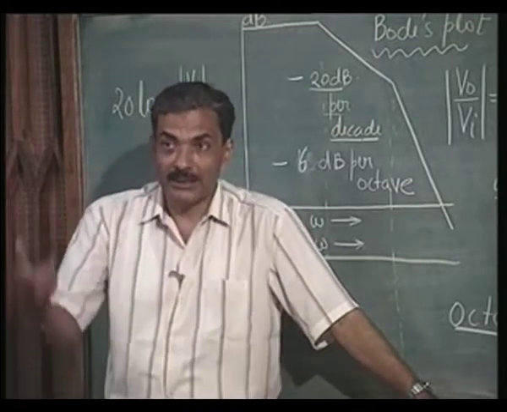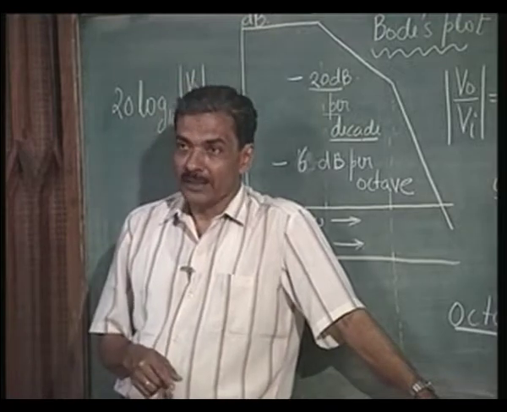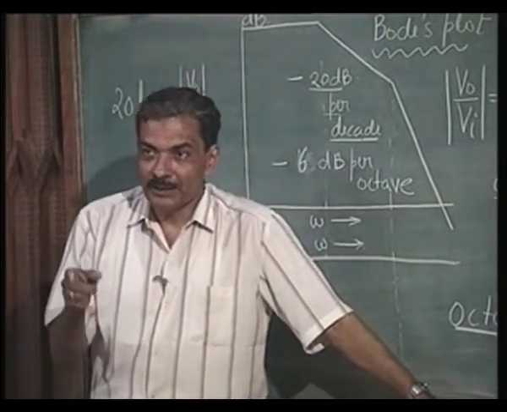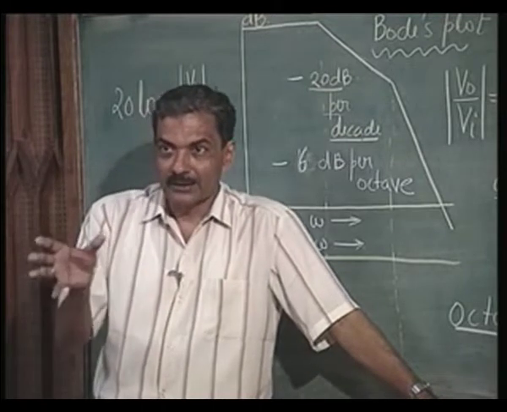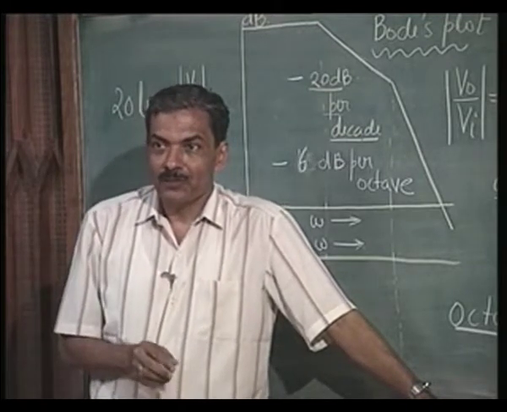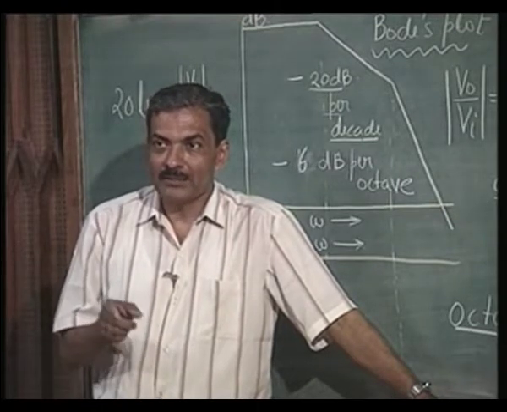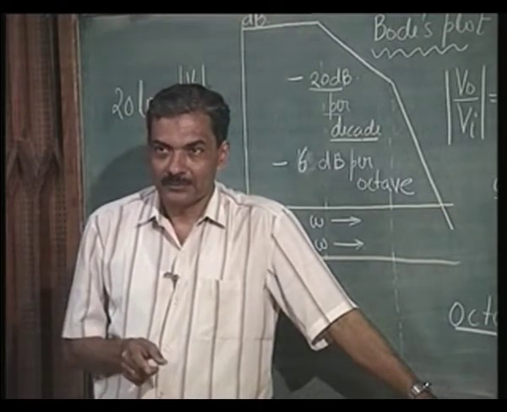If another time constant comes, then it will have a further attenuation of 20 decibels per decade, for a total attenuation of 40 decibels per decade, or 12 decibels per octave.